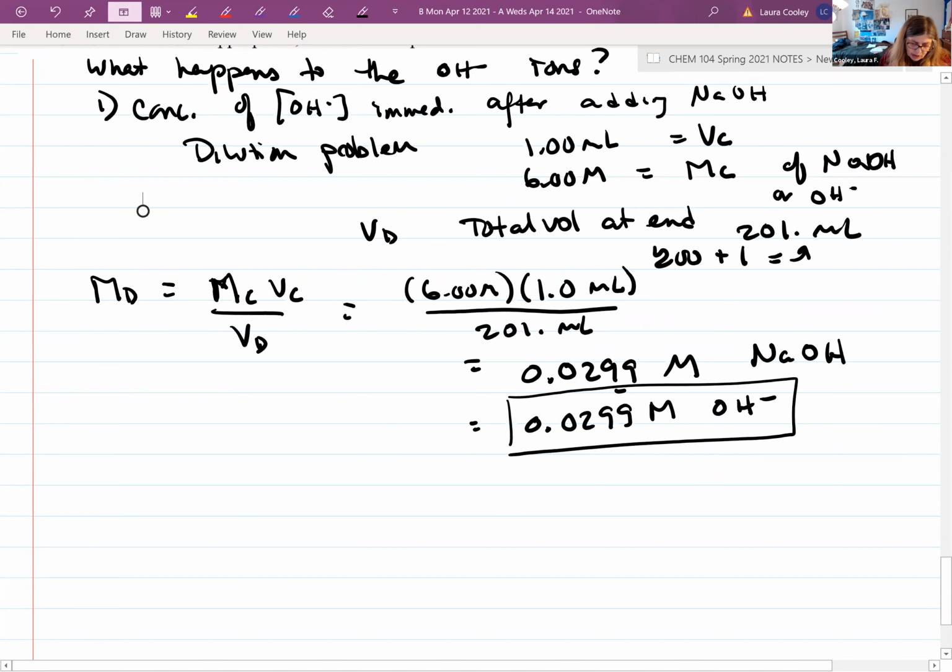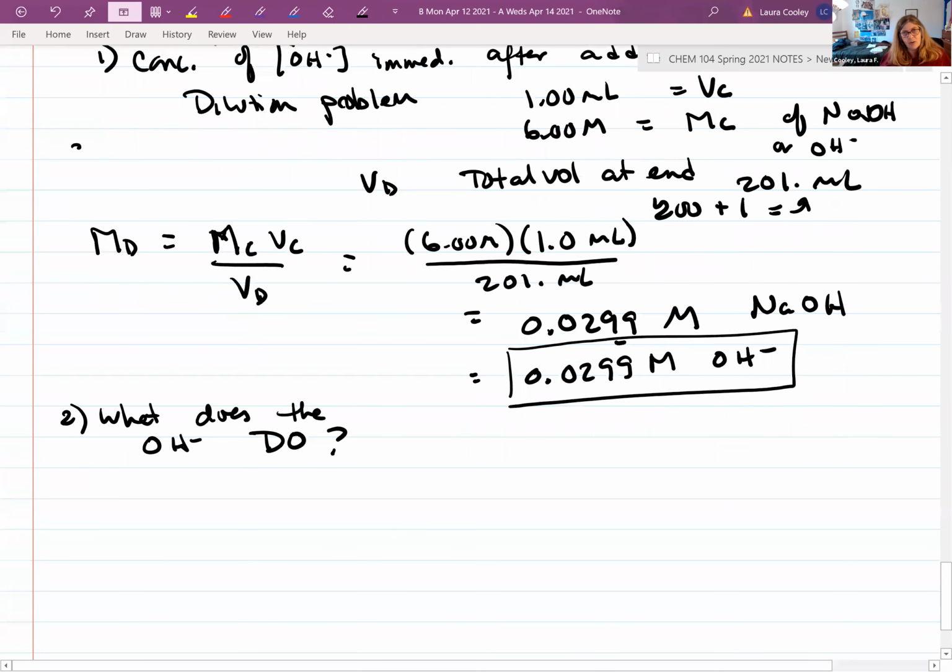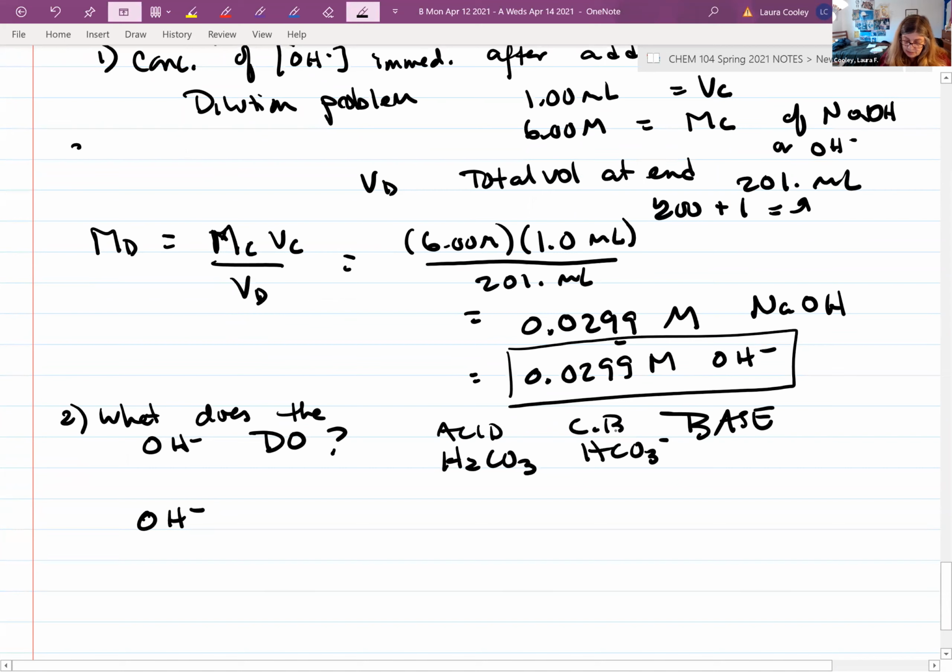So that's number one, what is the concentration? And number two, what does the OH minus do? OH minus, that's a base. What is a base going to react with in the buffer? So we have two choices. We have H2CO3, that's the acid, and we have HCO3 minus, the conjugate base or the anion.